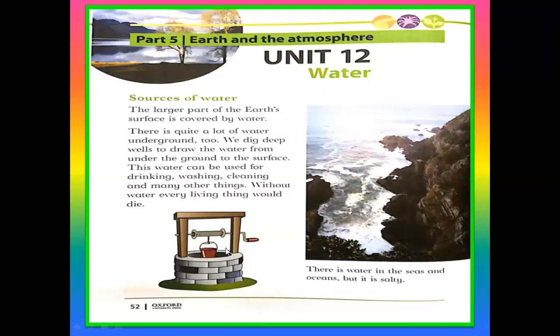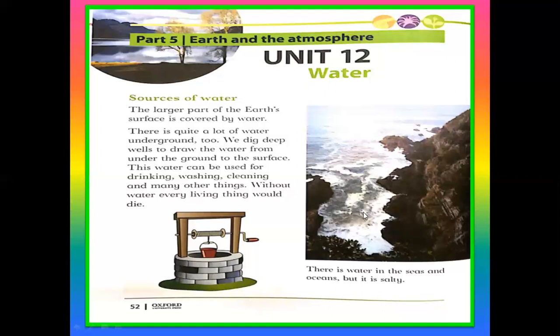We can drink it because this is not salty water. Is it clear? And you can see here in this picture, this is the ocean, and this water is too much salty, and we cannot drink it.